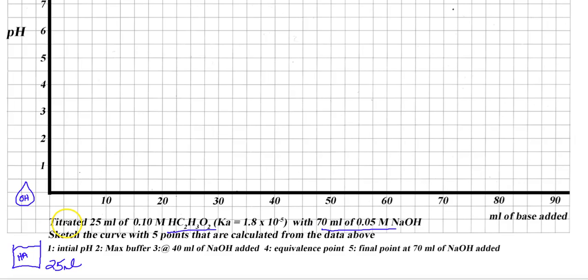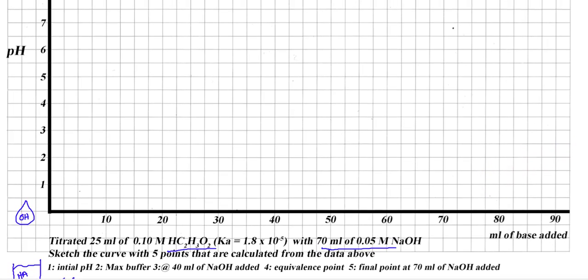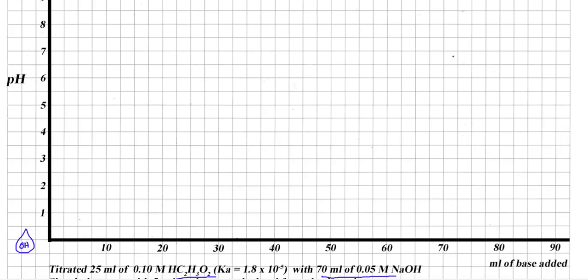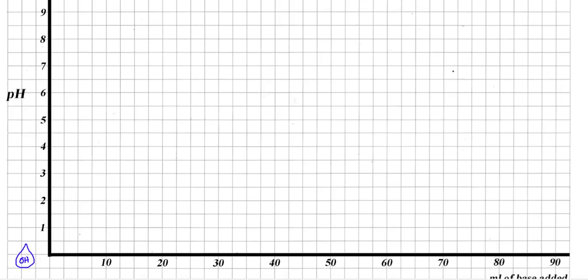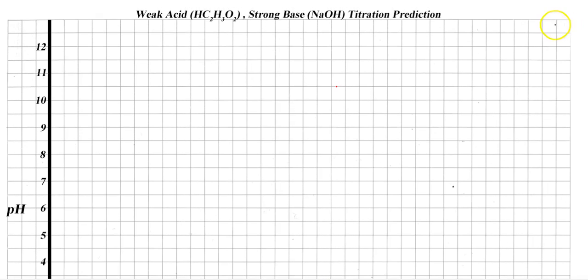Now, the bottom line here is I need to figure out the equivalence point. So I need to figure out moles. The first thing I'm going to do is figure out the moles of both the acid and the base. So I have 0.025 liters of 0.1 molar acid. I'm going to find the moles of acid in the beaker.